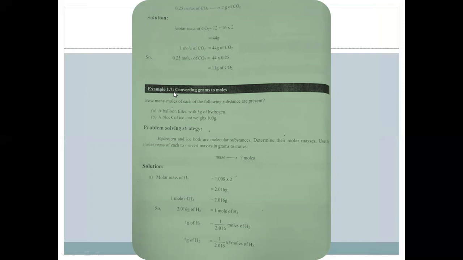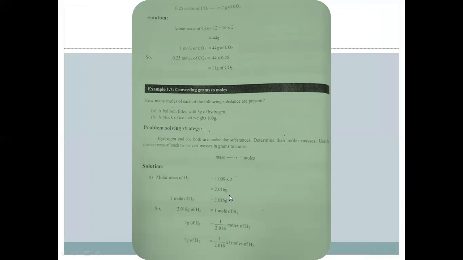Next is example 1.7, convert grams to mole. Now this is different. In the previous case, they gave us moles and asked about masses. In this example, they gave us masses and asked about the moles. So this is 5 gram hydrogen gas H2. To find out the molar mass of hydrogen, we multiply atomic mass of hydrogen by 2.